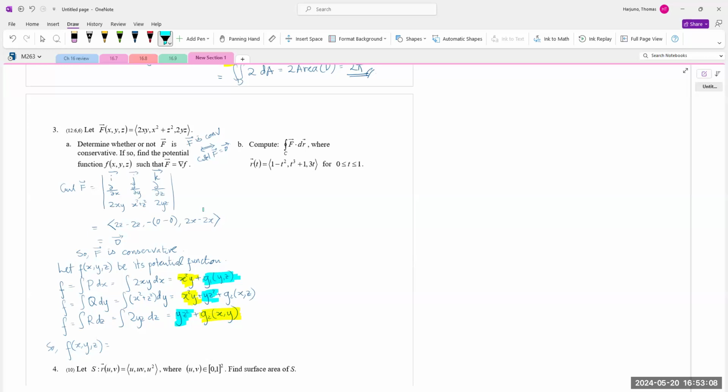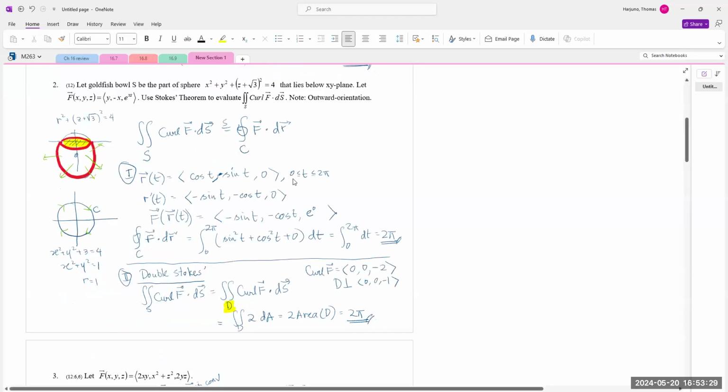So we don't have the function of x, z. It must be a constant then. So the potential function must be x squared y plus y z squared plus a constant. Let me use k instead. Did I underline them?